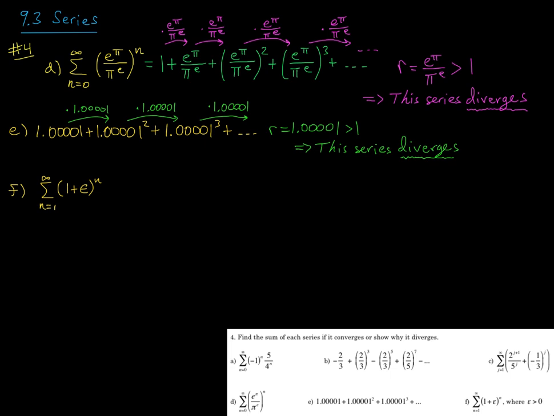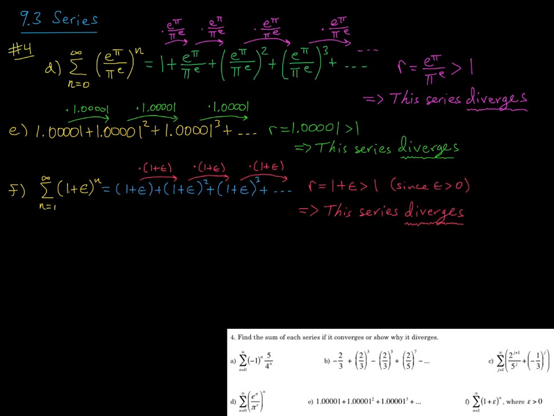And then lastly, for 4F, it's basically the same thing here. Writing out the terms, we're going to look at 1 plus epsilon plus (1 plus epsilon) squared. This E-looking symbol, by the way, is a Greek letter epsilon. And so, yeah, this is a geometric series.